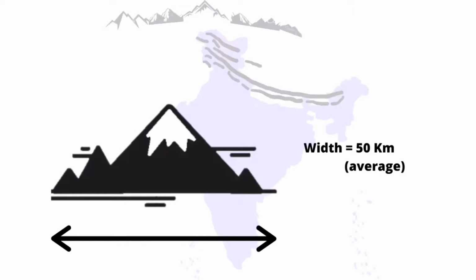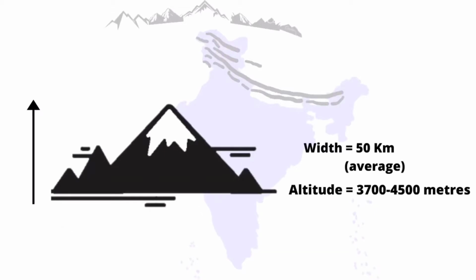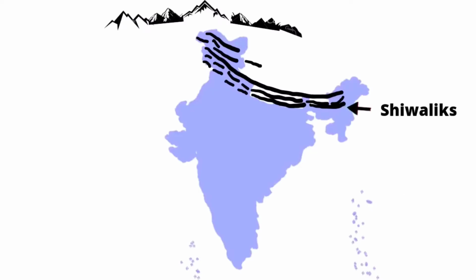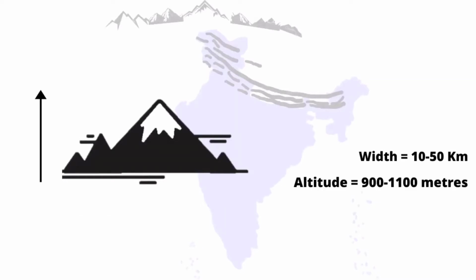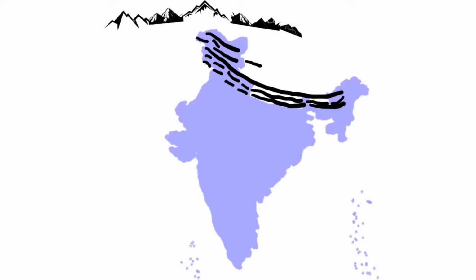Its average width is 50 kilometers, and its average altitude is 3700 to 4500 meters. Then the lower Himalayas is called Shivalik. Its average width is 10 to 15 kilometers, and its altitude is 900 to 1500 meters.